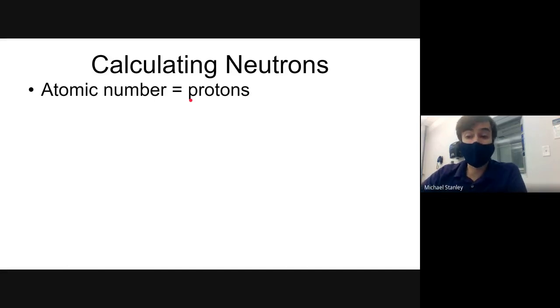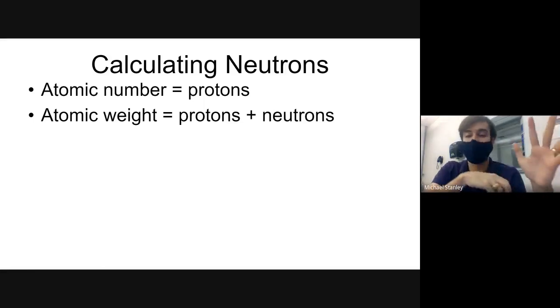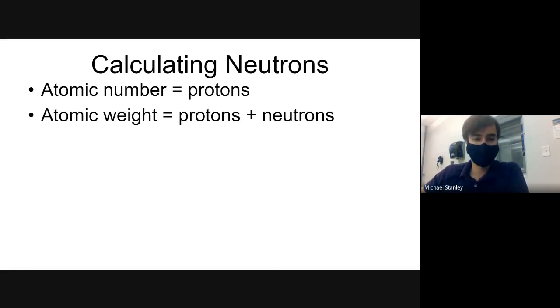So for any single atom, if you know the atomic number, then you know how many protons it's got. And early on, I mentioned that the atomic weight of an atom is the protons plus the neutrons. If we take the number of protons and the number of neutrons and add them together, that gives us our weight.